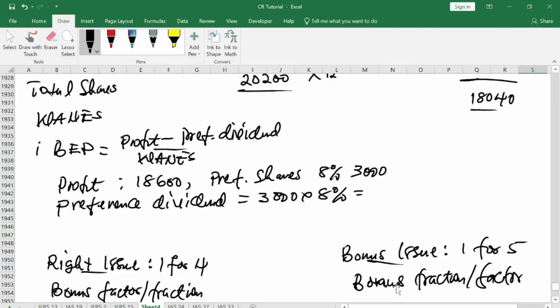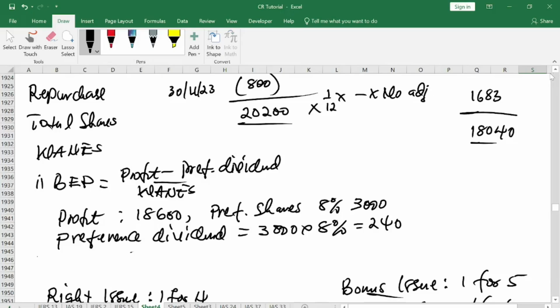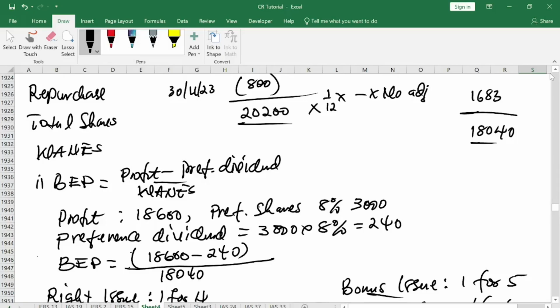That gives us 240. As we now know our preference dividend was 240, we can now find our basic earnings per share, which is the profit. The profit is 1,600 minus preference dividend of 240, all divided by the weighted average of 180.40. So that gives you 1.02 as your basic earnings per share.